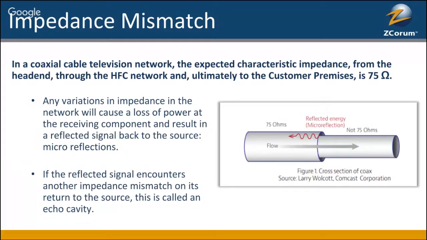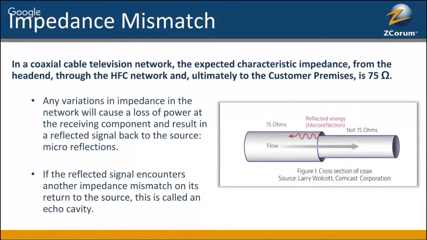Essentially in a cable television network, the ideal world would be a homogeneous characteristic impedance of 75 ohms, from the head end through your network infrastructure all the way to the customer prem. Anything that is dissimilar to the 75 ohms will be labeled impedance mismatch.